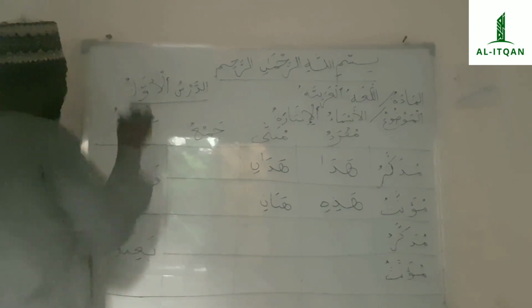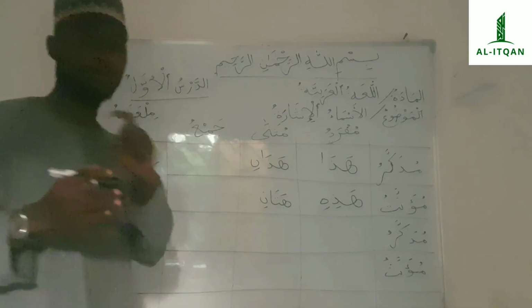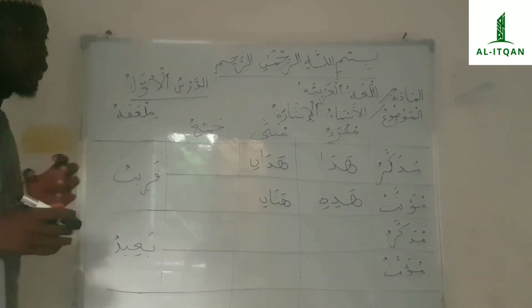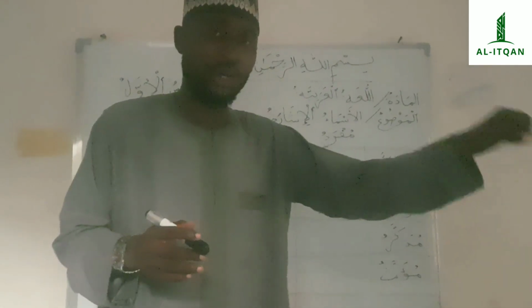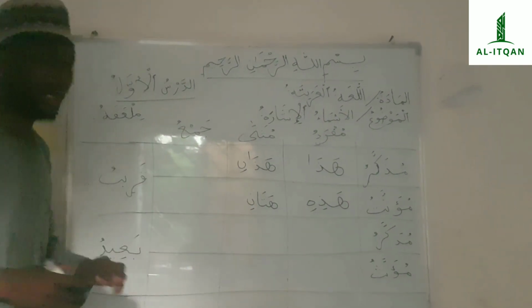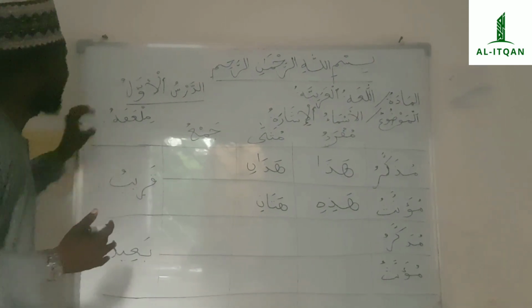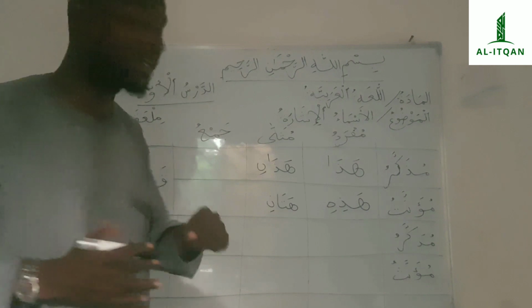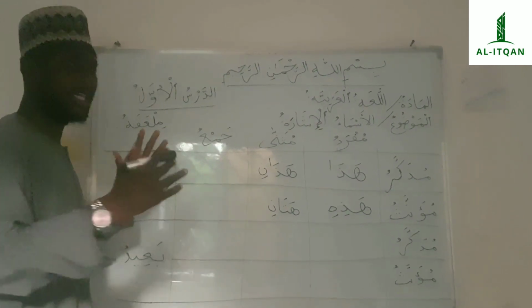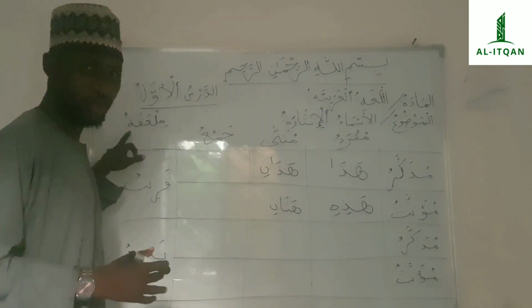Before we move from here, let me explain something. Before you know that a noun is masculine or feminine, for now, let's know it as: any noun that ends with this closed ta is feminine. Then you now say hadhihi mil'aqatun.